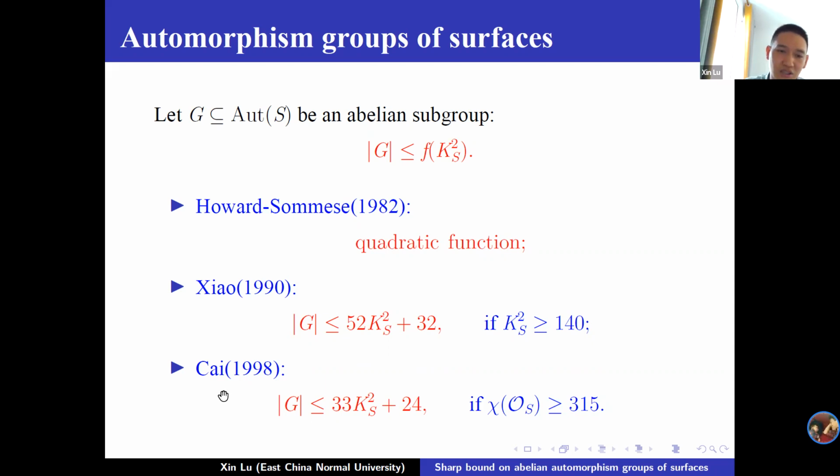Here Jinxin Cai improved this upper bound in 1998. He proved that the upper bound of G was improved to 13 times Ks squared plus 24 if the Euler characteristic of the structure sheaf is at least 315.